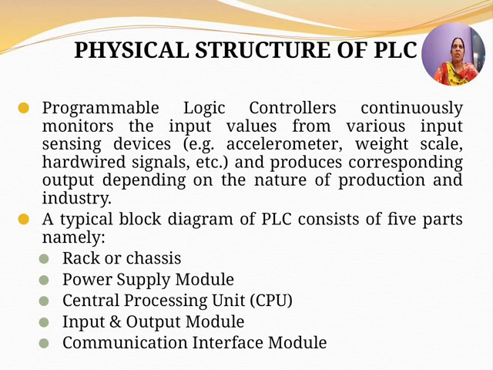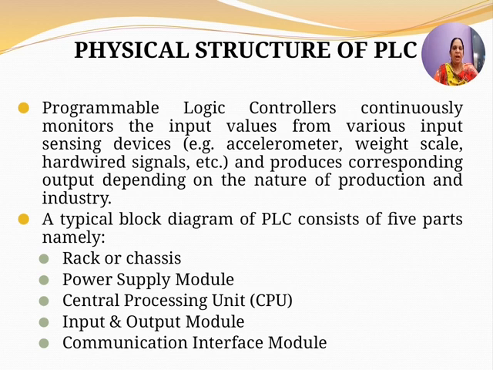Typically, the block diagram consists of 5 important parts, namely the rack or the chassis, the power supply module, the central processing unit, the input and output module, and the communication interface module.